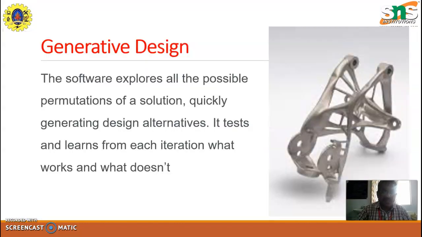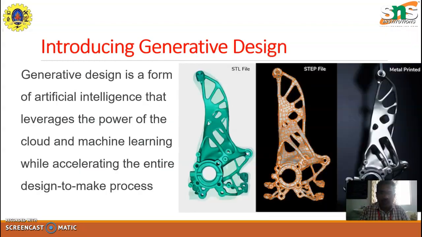Let's go further and have a look at this process called generative design. The software explores all possible permutations and combinations of the solution, provided you have given the design constraints, and quickly generates the design alternatives. It tests and learns from each iteration and works out what works and what does not work. Okay. Now, introducing generative design.